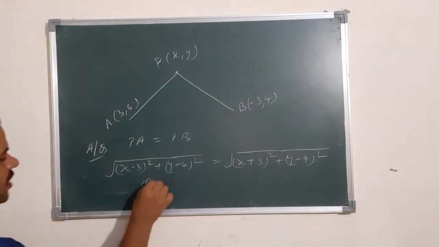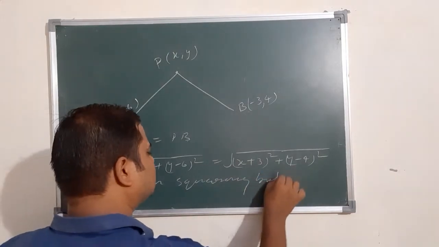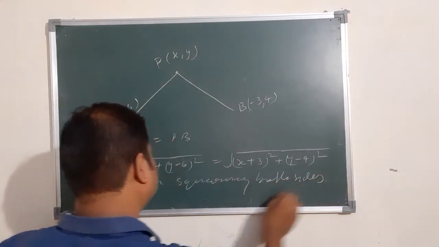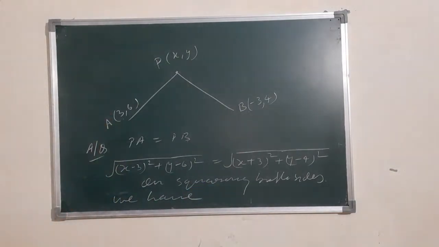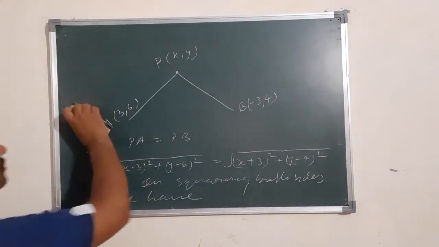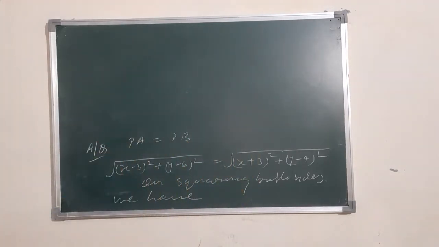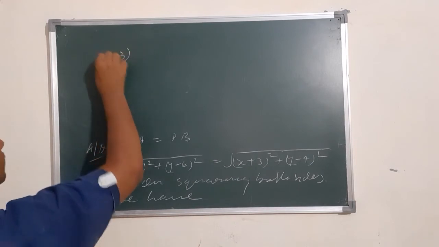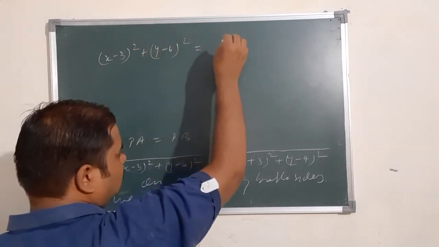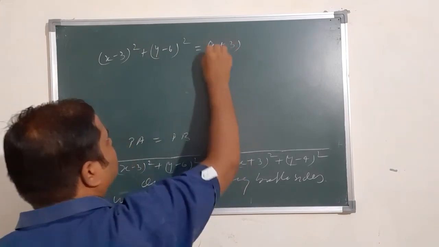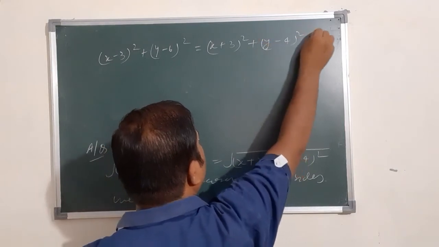Now on squaring both sides, we have (x−3)² plus (y−6)² is equal to (x+3)² plus (y−4)².